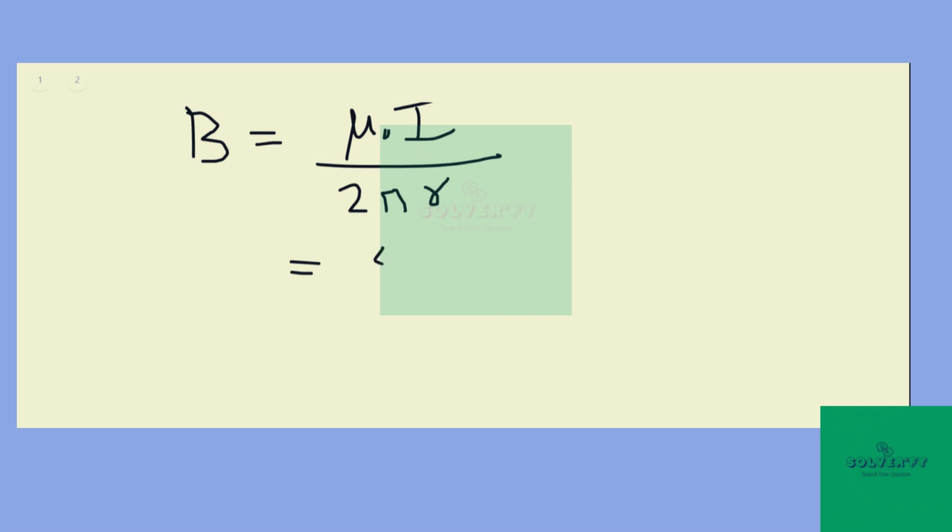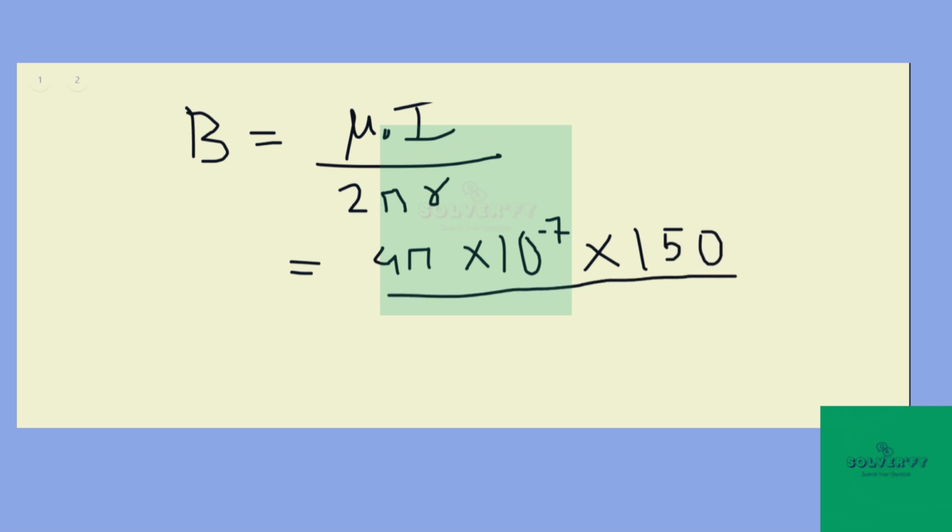It's the magnetic permeability of the free space, and its value equals 4 pi times 10 raised to negative 7, times the current, which is given to us, 150 amps, divided by, again, 2 pi times the distance at which we want to measure the magnetic field from the current carrying conductor.